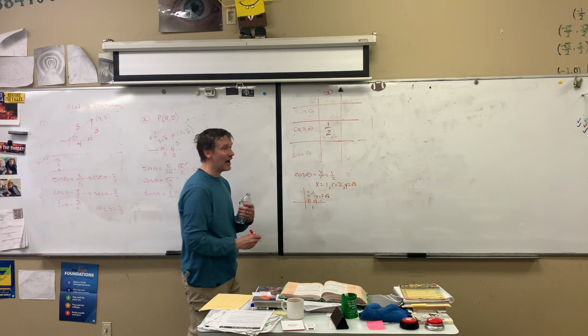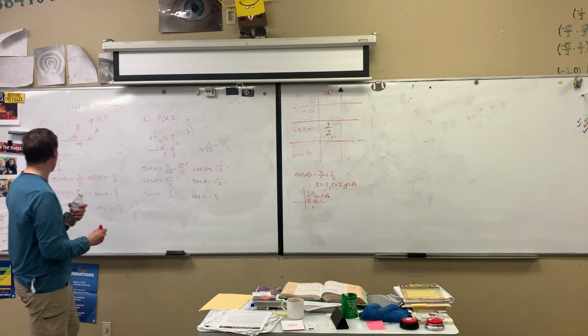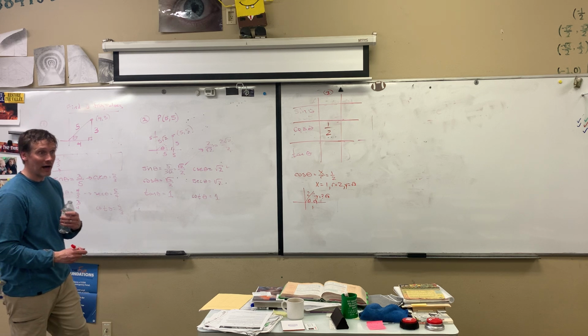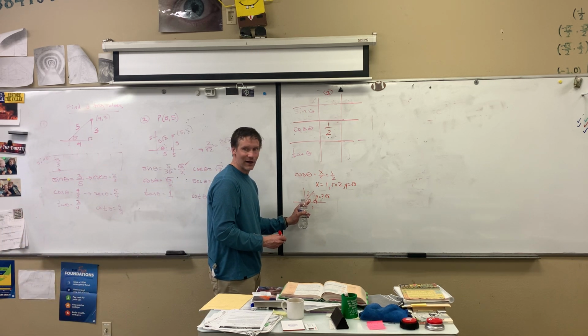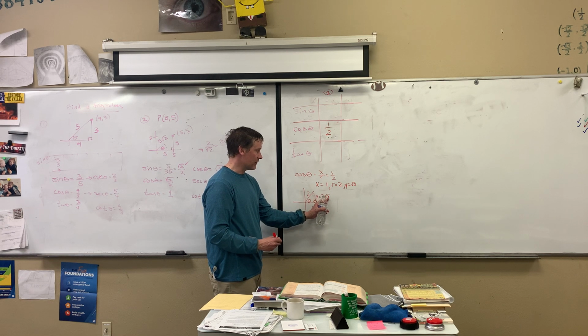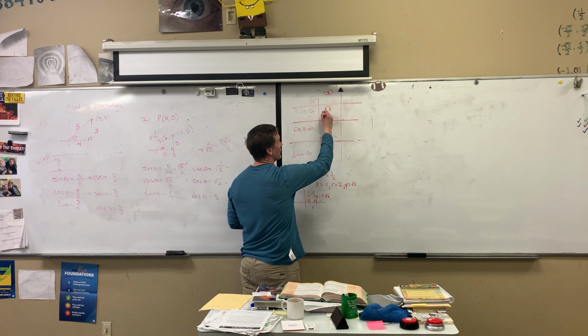You bet, because what is sine referring to? Sine is y over r. Or you have your picture drawn, and if you need to think SOHCAHTOA, that's fine. Sine is opposite over hypotenuse. So what is it going to be? Root 3 over 2.